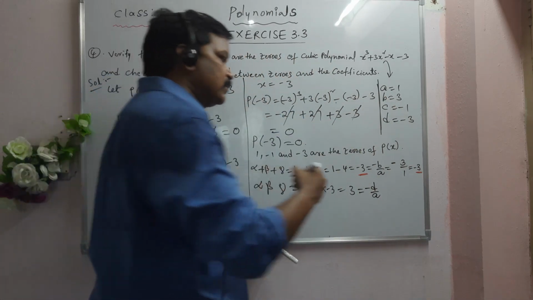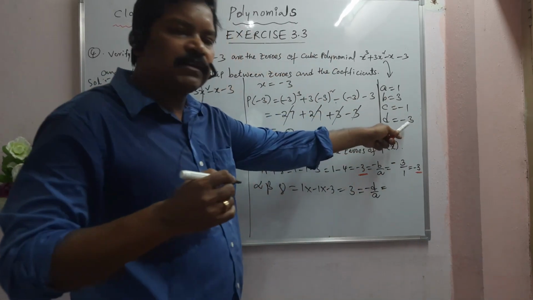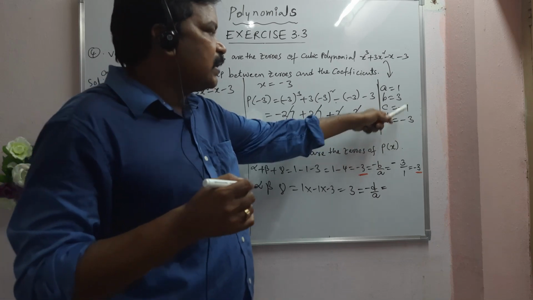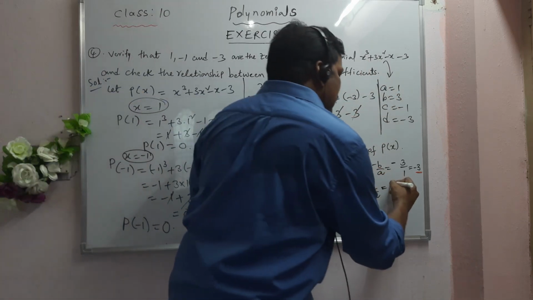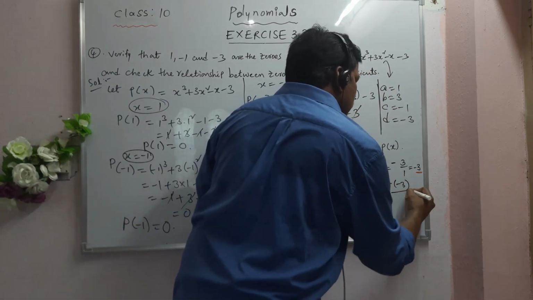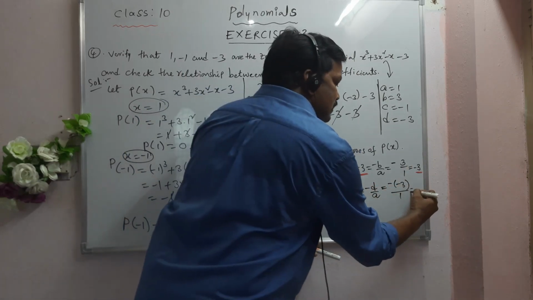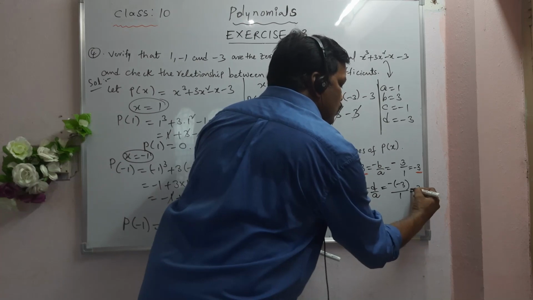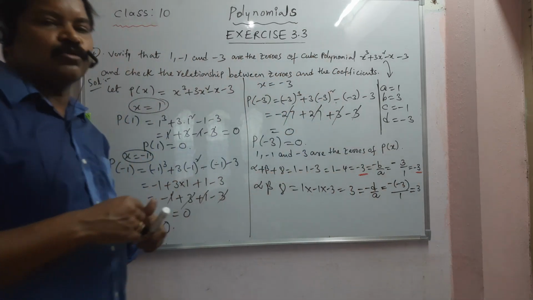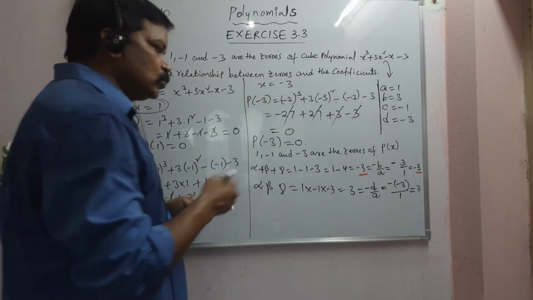So according to the coefficients, this is equal to minus d by a, no? So what is d? -3 and a is 1. So that means minus of -3 by 1, minus into minus is plus, that is 3 by 1, 3 only, right? Now you look here.